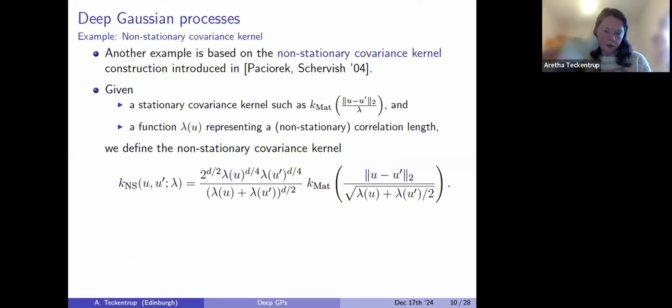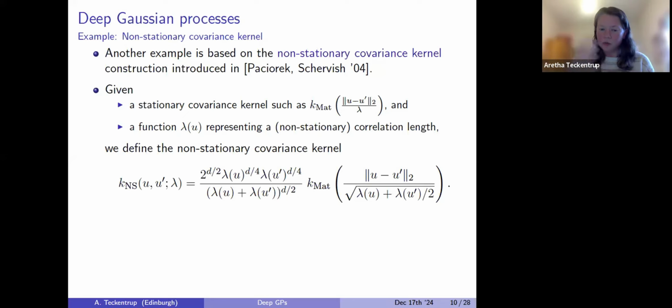Another example is based on this construction by Paciorek and Schervish. This is a general recipe for getting non-stationary covariance kernels. If you have a covariance kernel, such as the Matern kernel, which is stationary and depends on a scalar length scale parameter lambda, you can choose a non-stationary length scale parameter, making lambda a function of u.